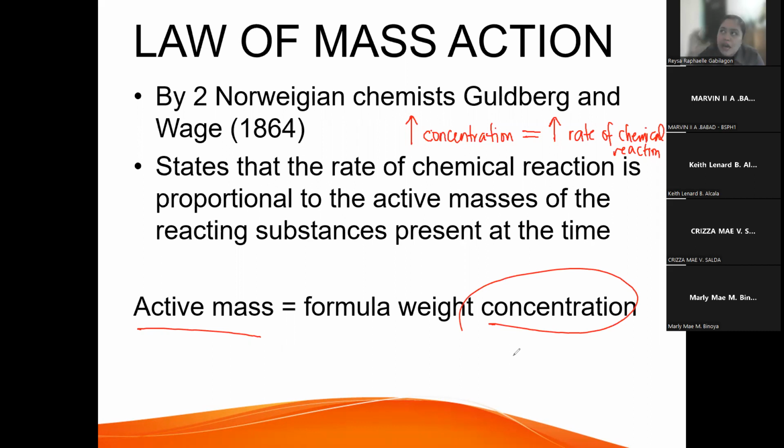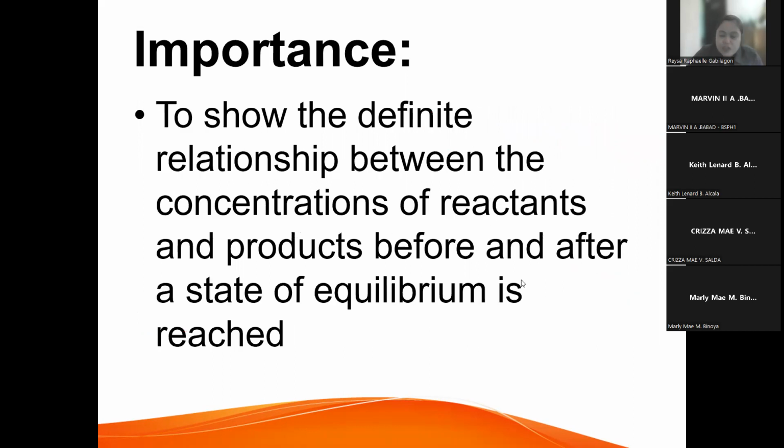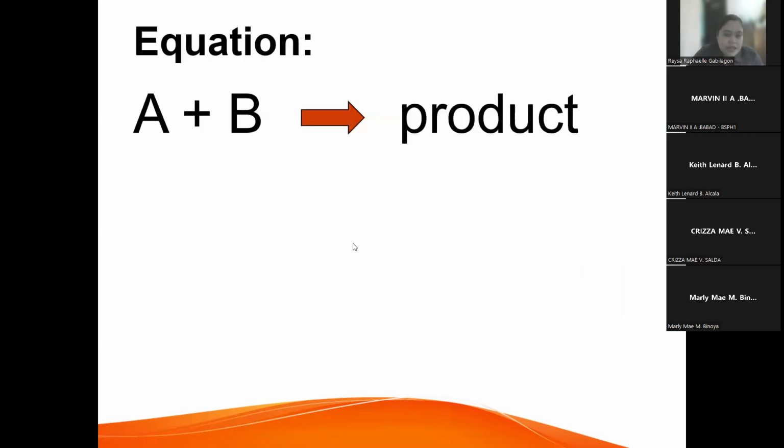So gaano karaming particles, gaano karaming molecules ang present sa substance mo, that is directly proportional to the rate of the chemical reaction. So this actually shows class the relationship between the concentration of the reactants and products before and after a state of equilibrium is reached.